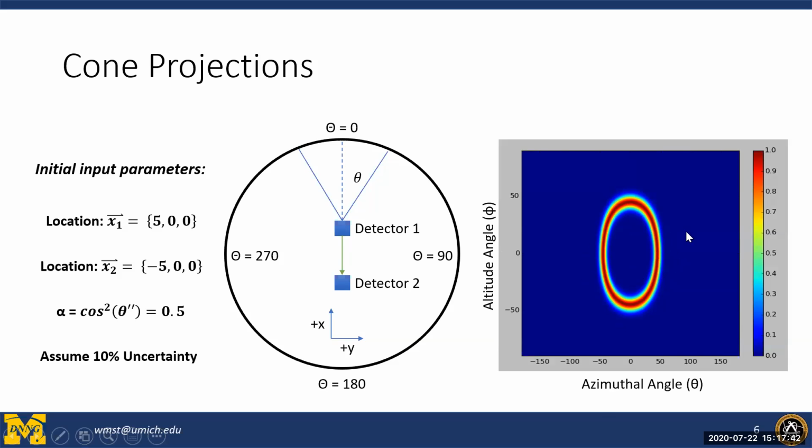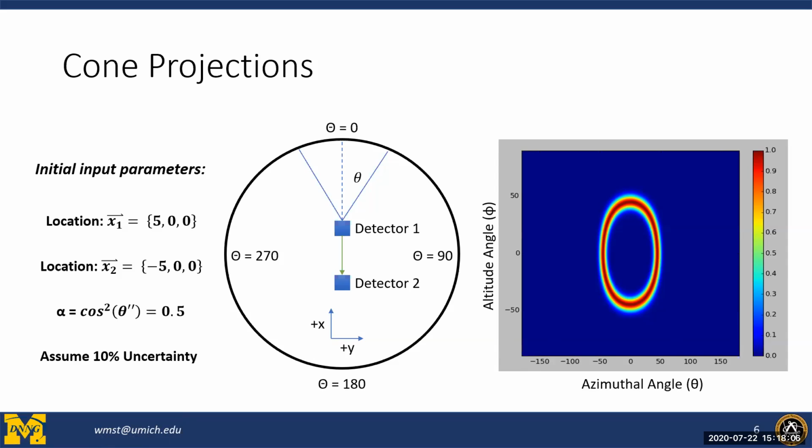Now this looks elliptical because of the space that we are displaying it in and how we're going about displaying this. This is from negative 180 to positive 180 degrees, and from negative 90 to 90 degrees, which covers that full spherical space, or that full pixelated sphere, but looks distorted given how we're displaying it here.